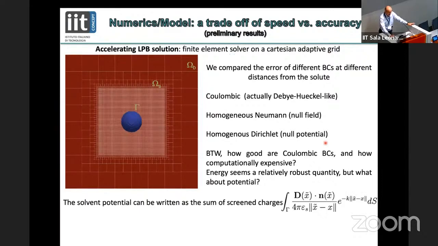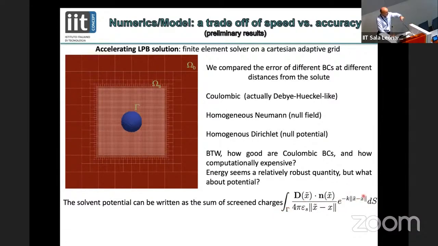And actually, I'm trying to find an easy explanation for this. With the same machinery, which is basically the second Green identity, that is used to get boundary element expressions, you can say that the potential in solution can be written as the sum of two terms. One you can think of as a charge at the surface, where gamma is the surface of your protein, which is screened.